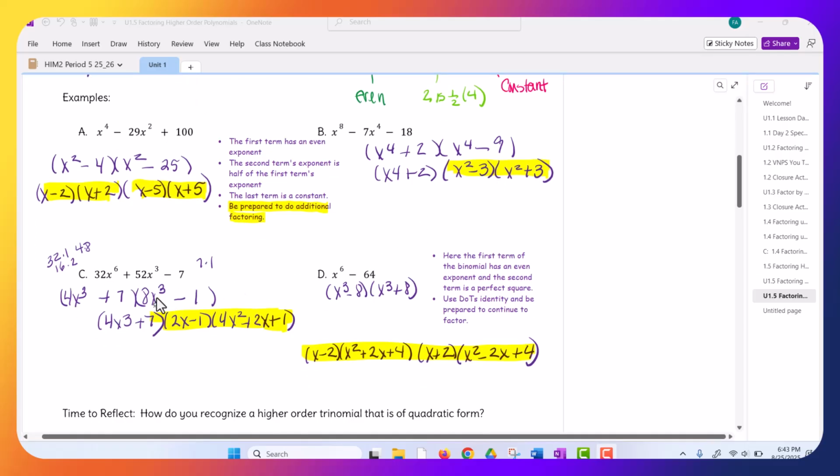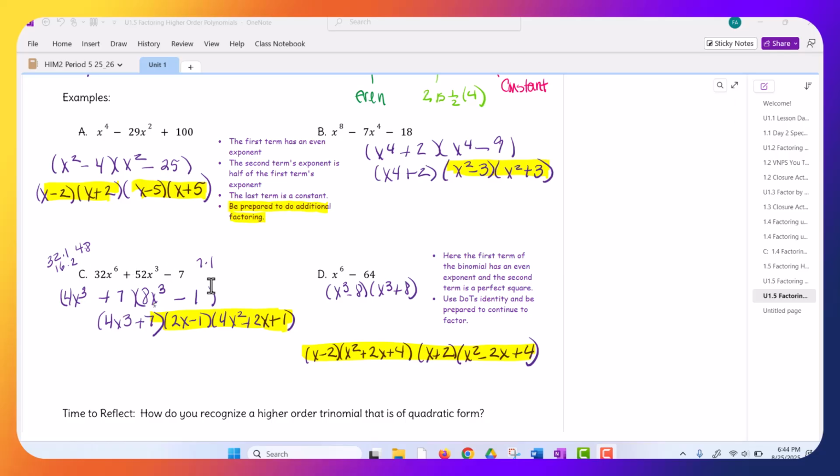Here again, we have another quadratic form, 6 and 3, and our constant. Here we've got to do some thinking, some guess and checking. 7 is pretty self-explanatory. The only factors of 7 are 7 and itself, because 7 is one of our prime numbers. But 32, we can factor that as 32 and 1, 16 and 2, or 4 and 8.